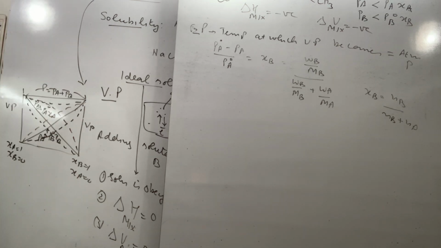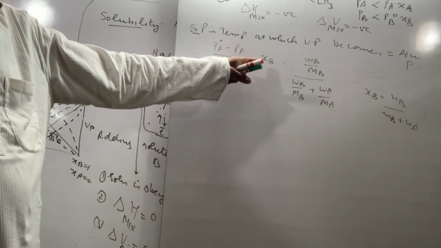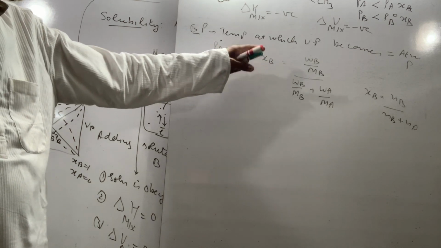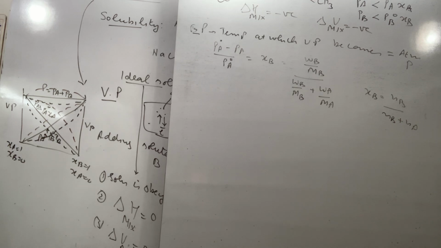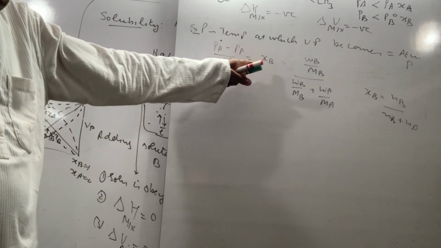So first of all, colligative property is directly proportional to concentration of solute. What is colligative property? It depends upon the quantity of solute. Now here that quantity is taken in mole fraction.